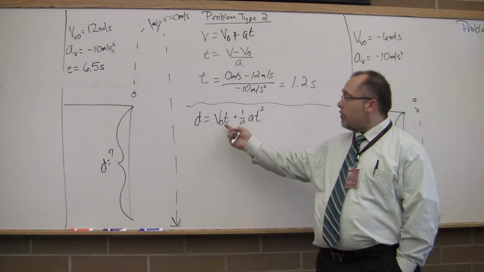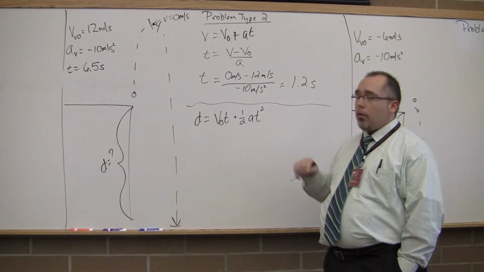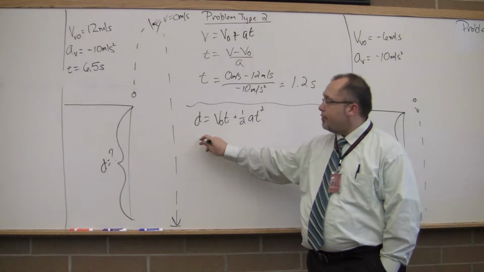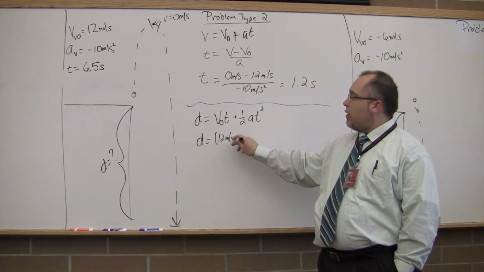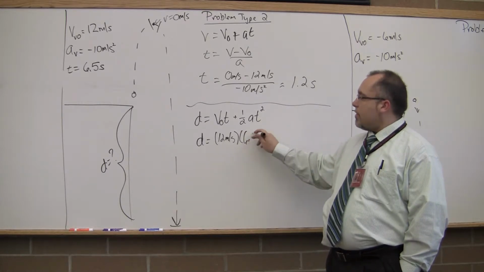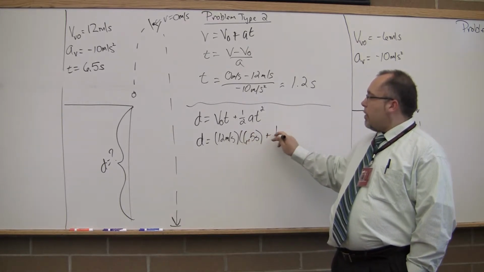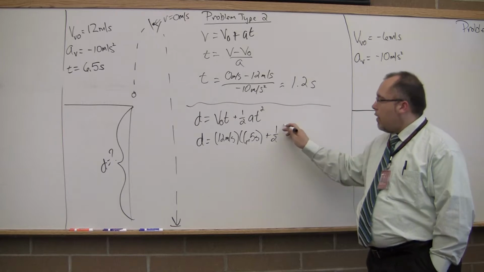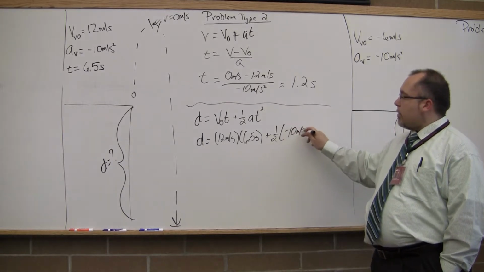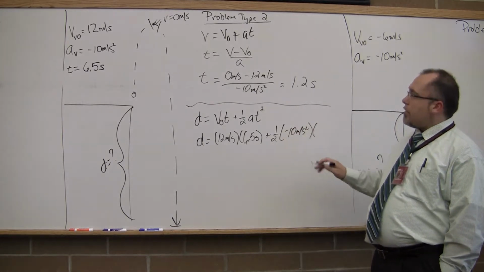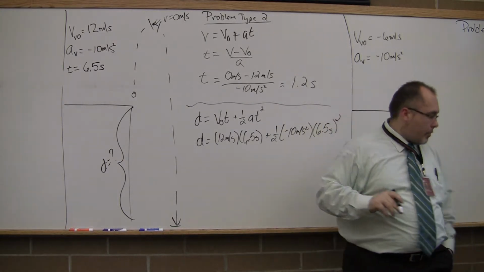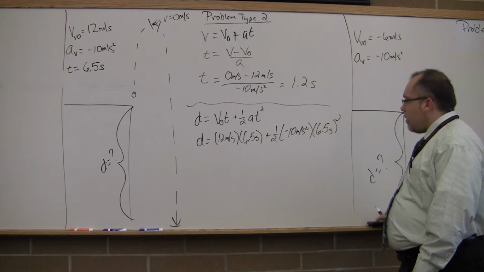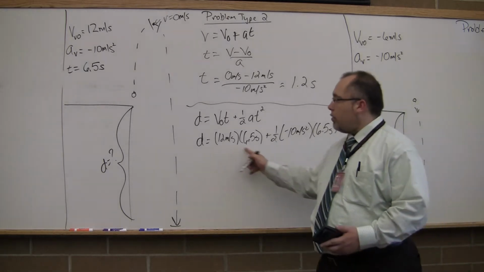Again, we're using this one because we have a non-zero initial velocity and we have a vertical acceleration. So our initial velocity is 12 meters per second times our time of 6.5 seconds plus 1/2, or 0.5, times gravity, which is your negative 10 meters per second squared, times your time of 6.5 seconds squared.